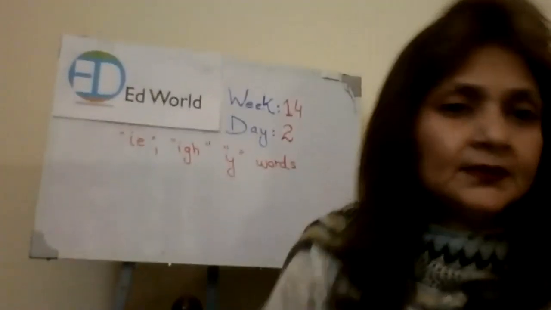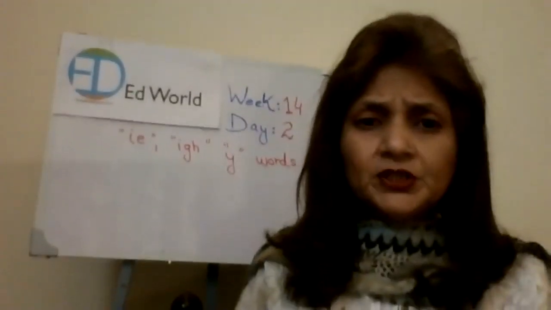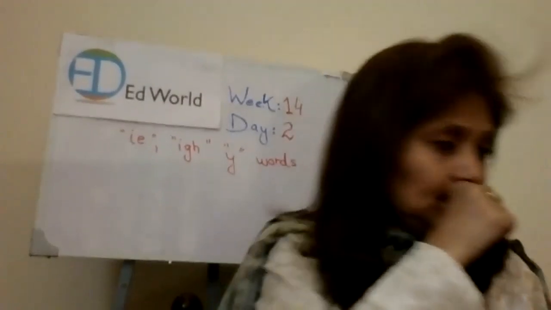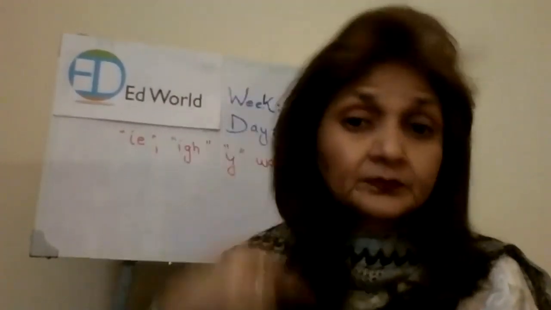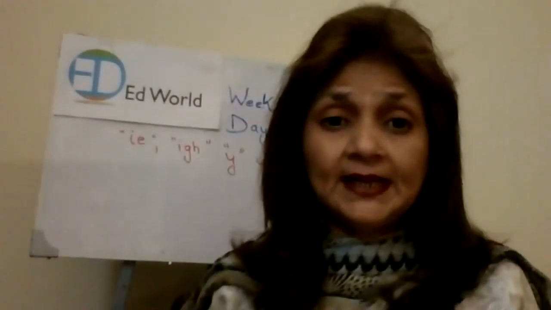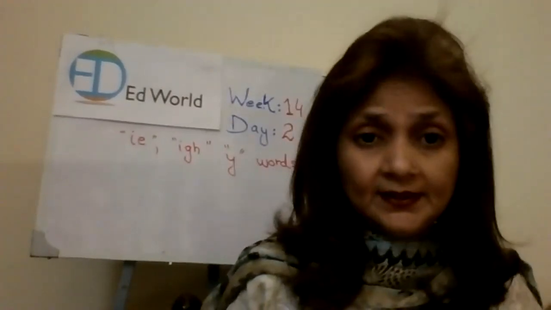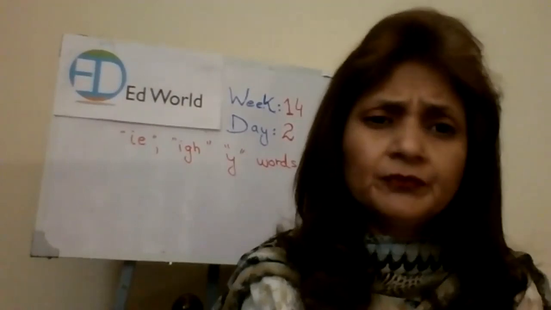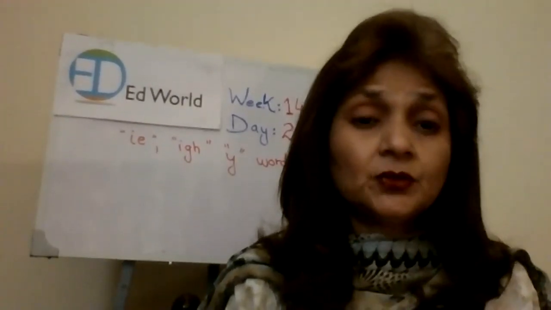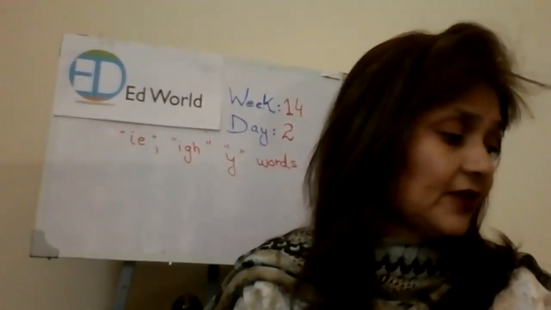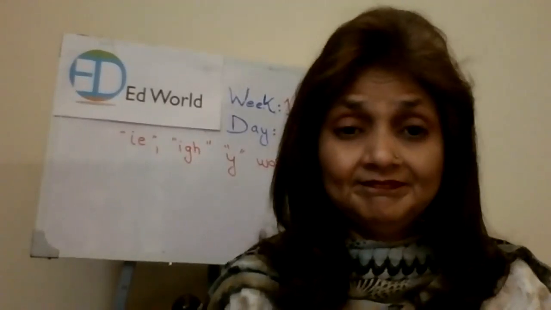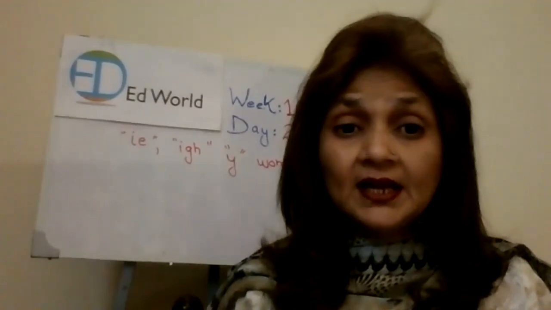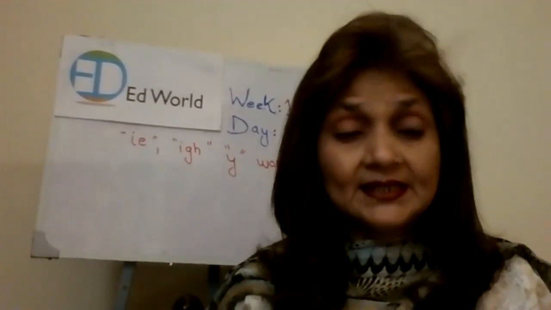Okay. Now, can you have any guesses? Some of the words that have I and E in it. There are lots of words that have I and E. Flies, die, right, correct.